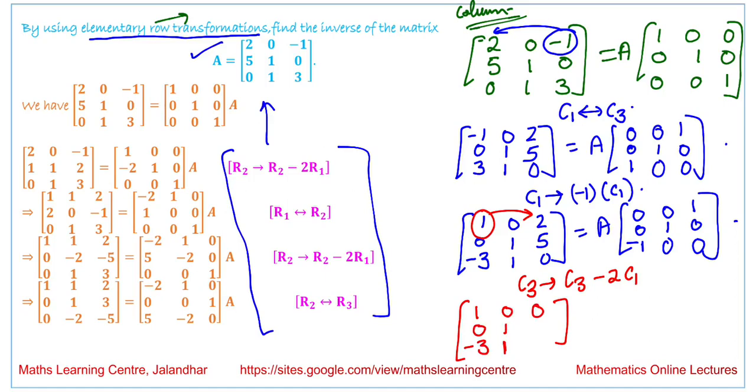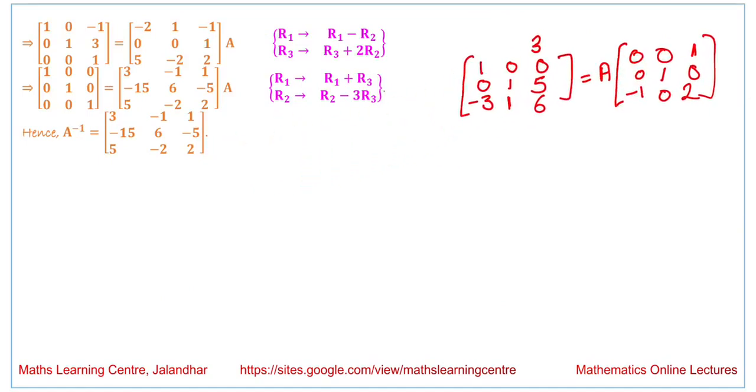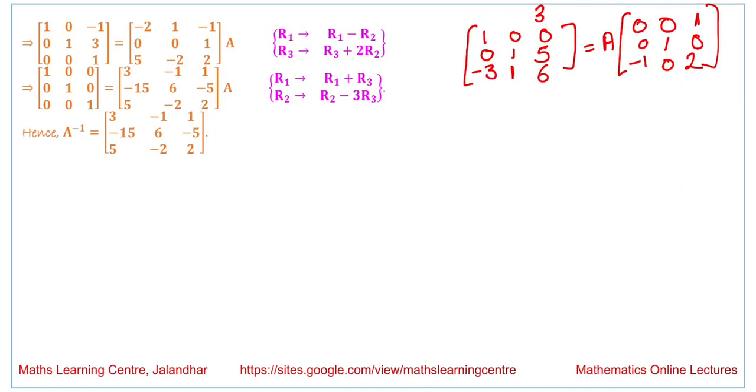Next it is column 3 minus this, next we get 6, that is equal to A into, the first two columns will remain unchanged, the last column will become column 3 minus 2 times column 1. So it is 1 0, and this element will be 2 over here. So we have obtained the matrix in this form.